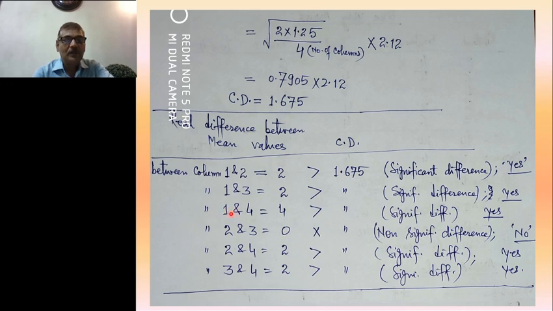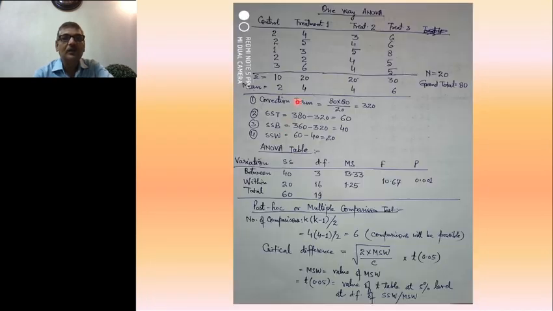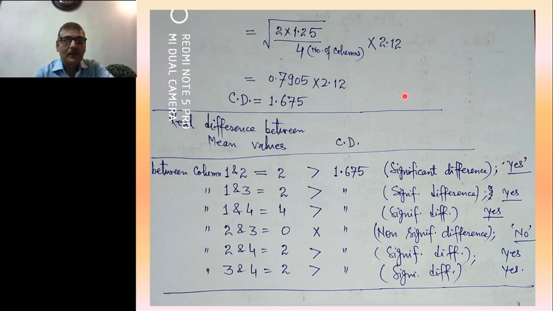But when we see the difference between 1 and 4, the real difference is 4. Here also this value is more than the critical difference. So we say that yes, significant difference exists between column 1 and column 4. But column 2 and 3, see here in this case, both have the same mean value. So 4 minus 4 will be 0, and this value is less than the critical difference.